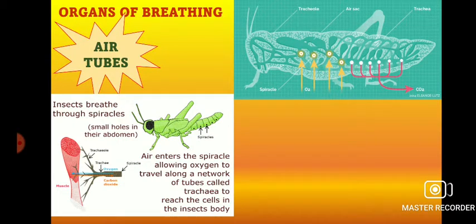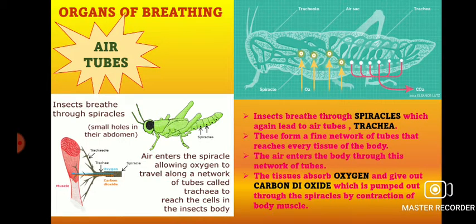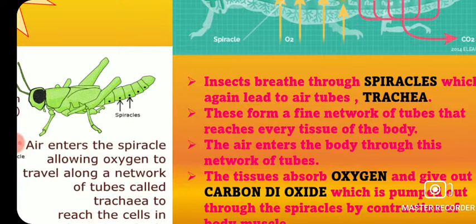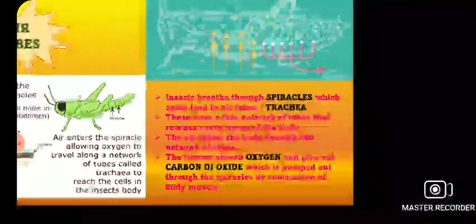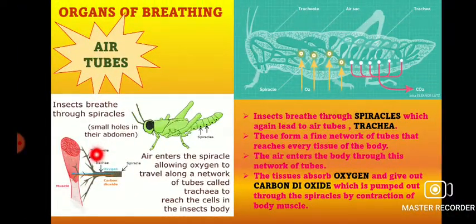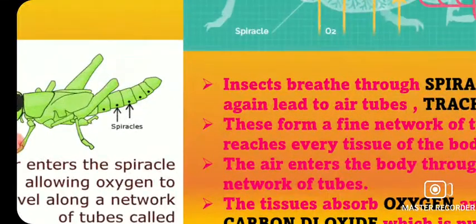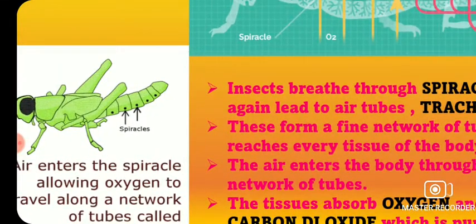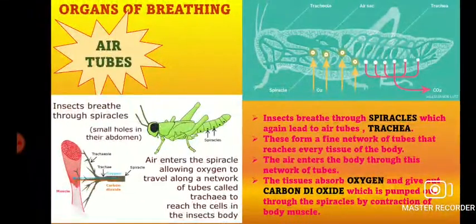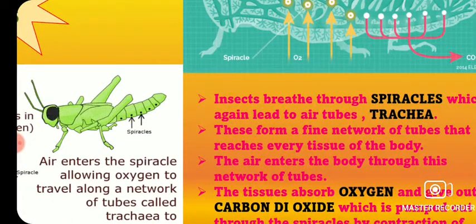As you have seen here, the spiracles lead to the trachea, and in the trachea you can see a fine network of tubes. These networks of tubes are present in every tissue, I mean they lead to every tissue of the body, and air enters through this network of tubes.